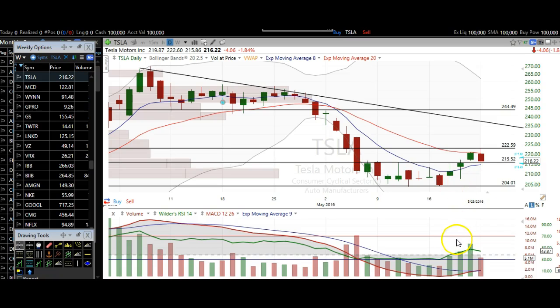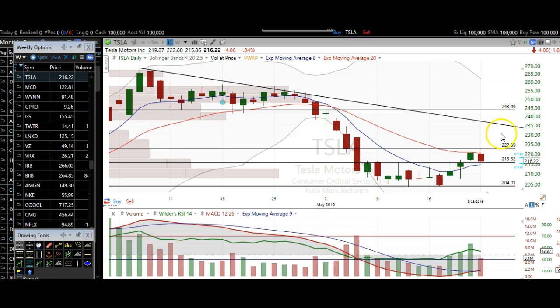Another thing I want to have you notice is the expanding volume that we've had the last few days right here. So some volume is coming into the stock. I believe that it heads higher from here. Next resistance right around 223.